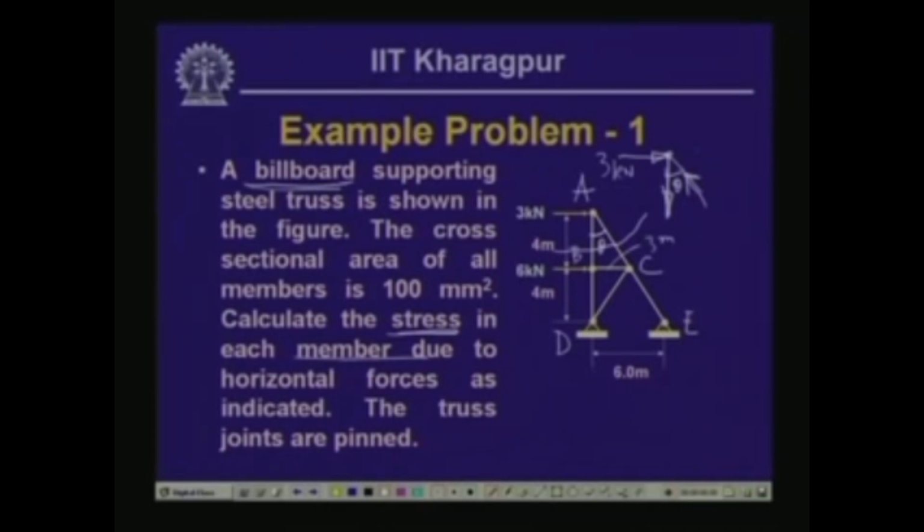Now, if we take the horizontal component of this force, FAC, so FAC sin theta is equal to 3 kilonewton. Now, sin theta from this is equal to 3 by 5. This is 4, this is 3, so this length is going to be equal to 5. So, sin theta is equal to 3 by 5, so FAC is equal to 5 kilonewton.